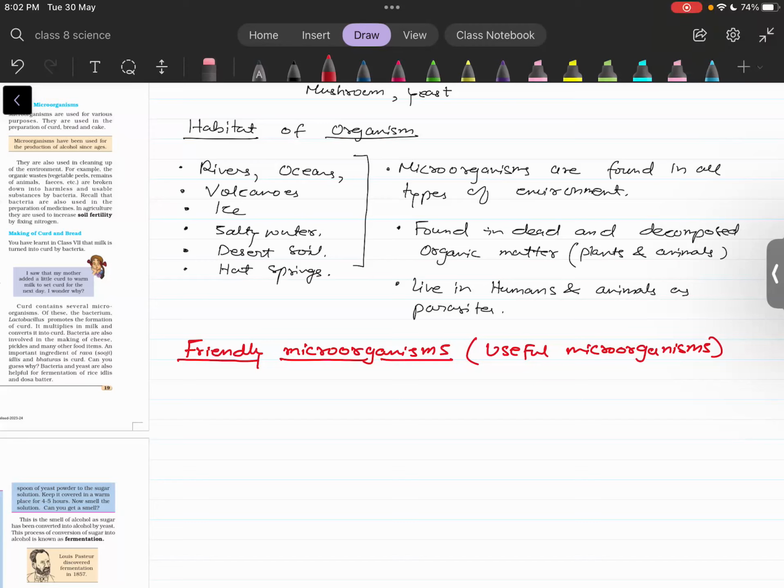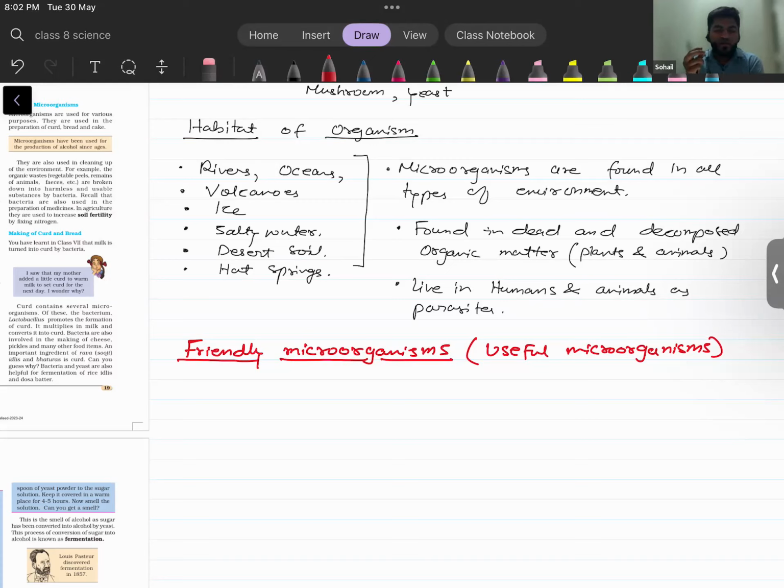Dead and decaying matter. Apart from dead and decaying matter, there is living matter in it also, like earthworms and certain bacteria. So the rhizobium bacteria, you will include in the living category, that is helpful for plants, right?